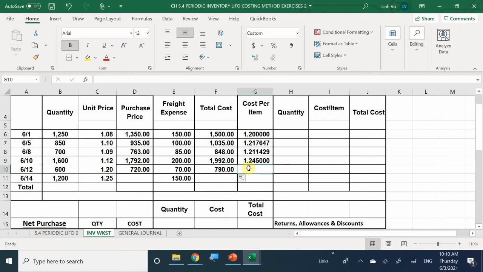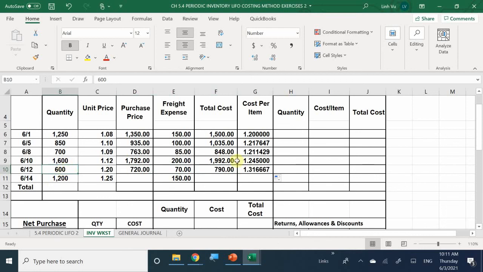Then I take the 790 and divide it by the quantity, 600. I didn't get that, do it again. So 790 divided by the quantity of 600.